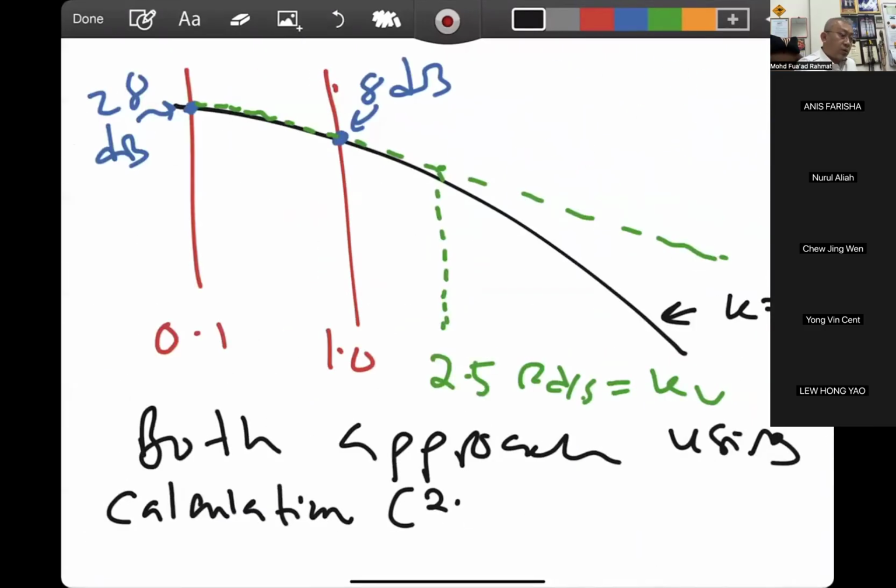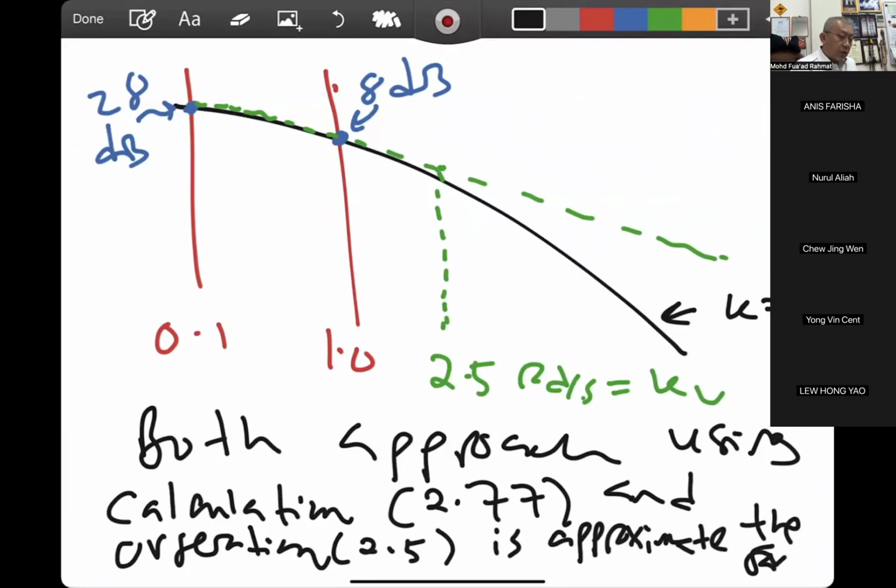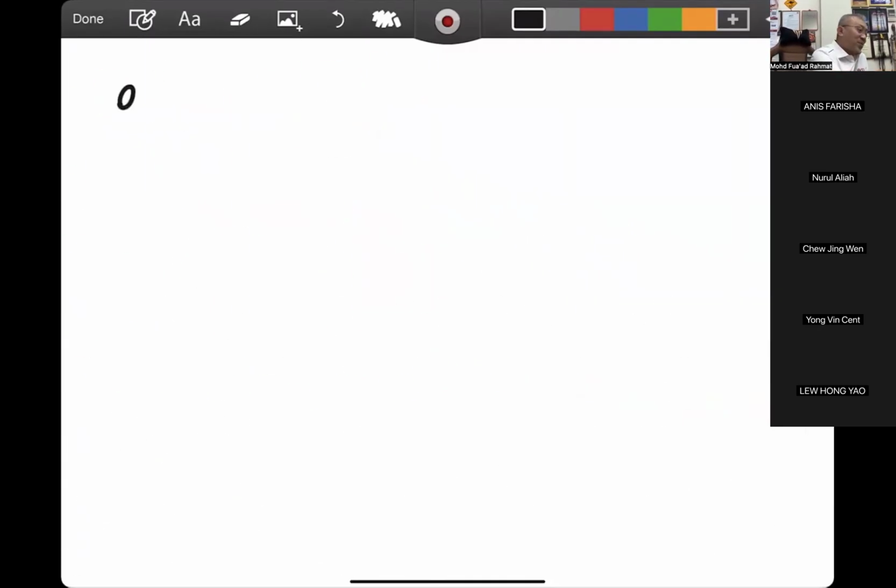Yeah, thank you. 2.77 and observation 2.5 are approximately the same. Agree? Agree, guys? Hello, do you agree? Agree, Doctor. Agree je lah. Jangan cakap banyak.